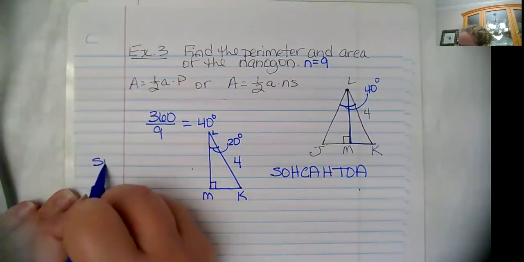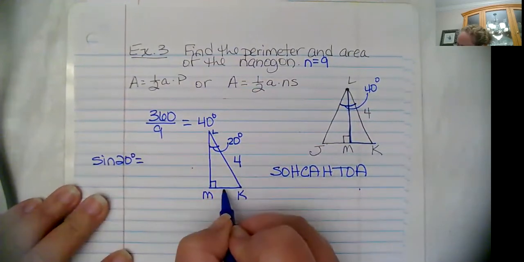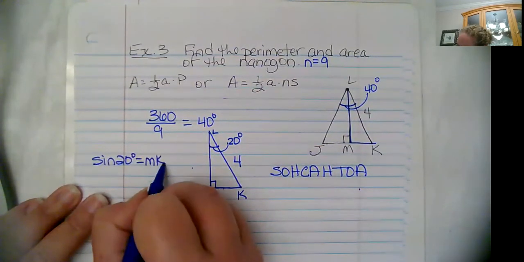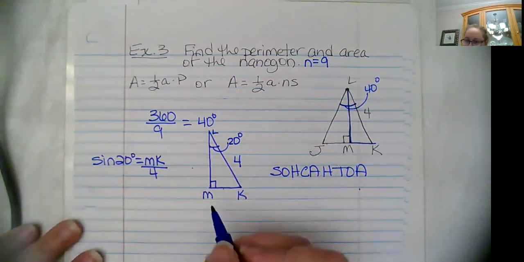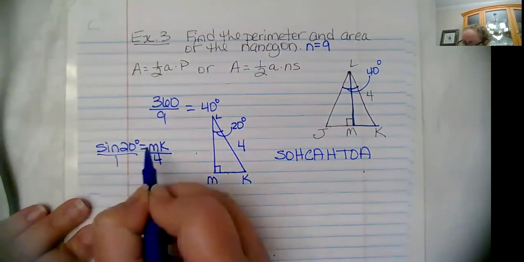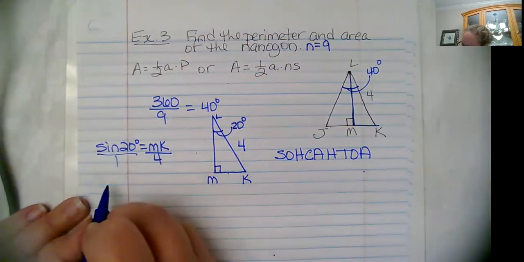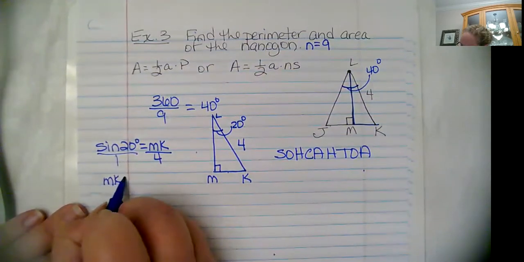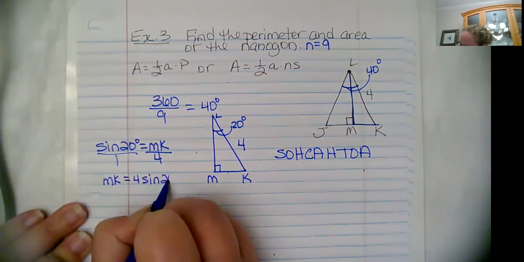So sine of 20 degrees is equal to opposite over the hypotenuse, which is 4. So we'll be able to figure out half our side length. This is where we cross multiply. MK times 1 is MK, and then we get 4 times sine 20.